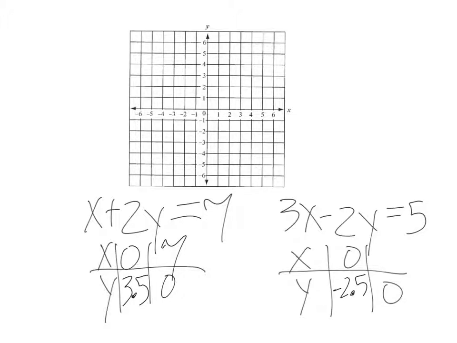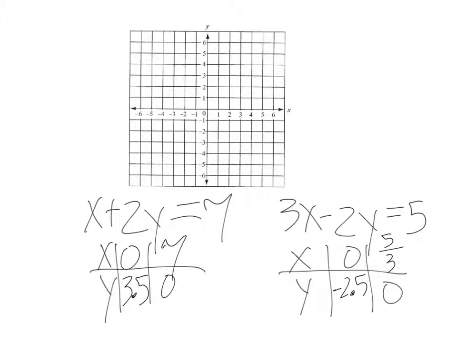And for the y, if we put in 0, that's going to leave us with 3x equals 5. So we'll just make this 5 over 3. I've kind of mixed our decimals and our fractions, but that's okay.